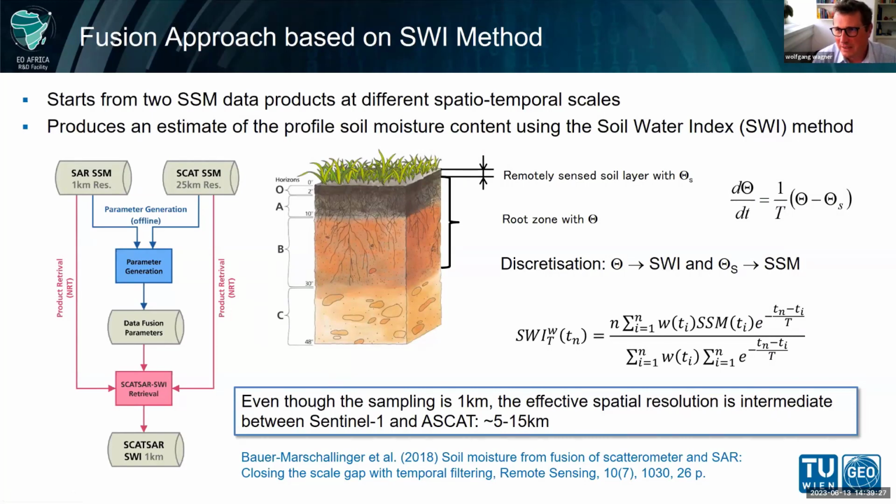So Sentinel-1 data are really useful. Still, they have one important disadvantage: the temporal coverage is much poorer than you would have with SMOS, SMAP, ASCAT, or EMSA2. In Europe, we are in a good situation that we have measurements roughly every 3 days. In Africa, it's much poorer.